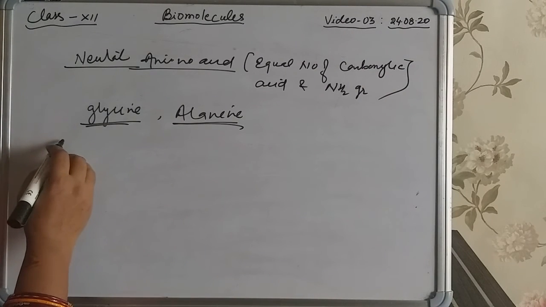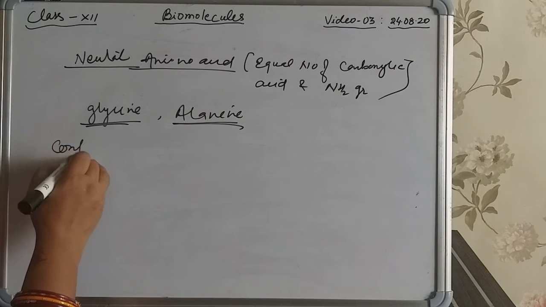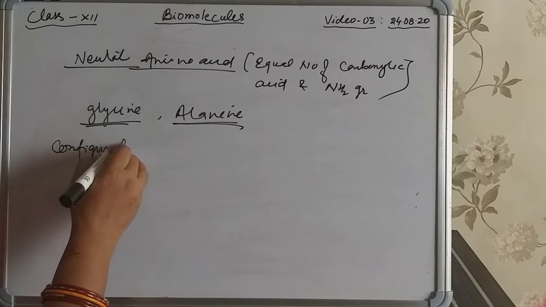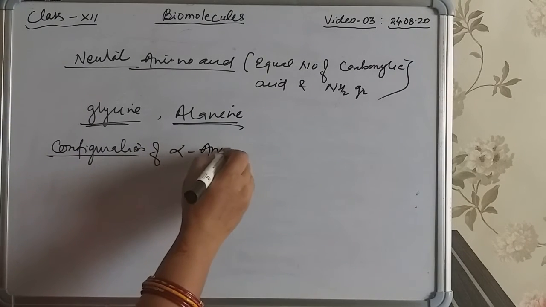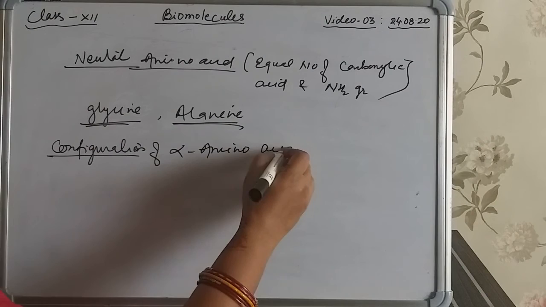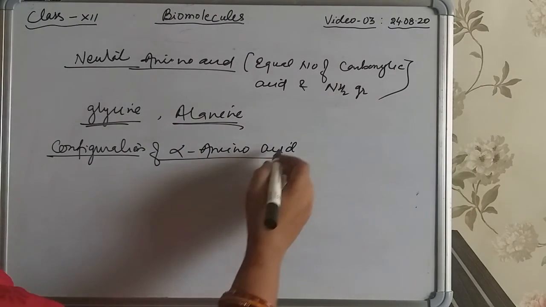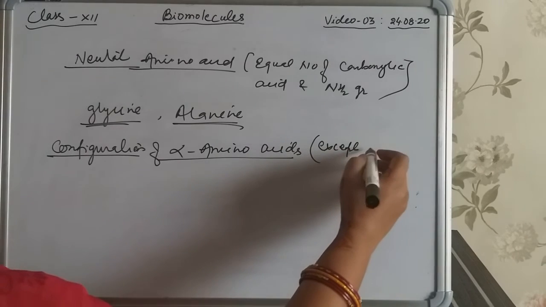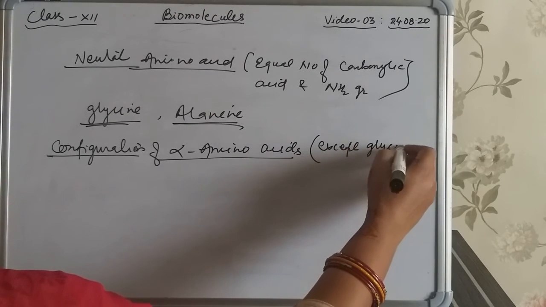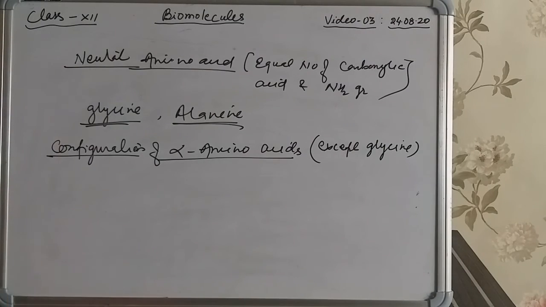Next, the discussion of configuration of alpha amino acids. Alpha amino acids are optically active except glycine, because glycine is the only amino acid which is optically inactive.